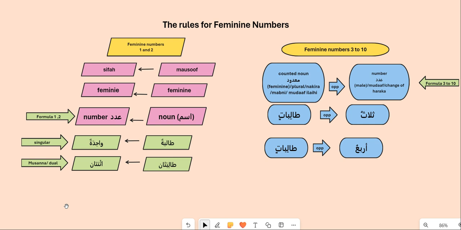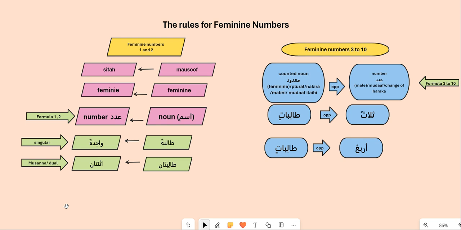But in that lesson, the numbers that we learned in lesson number 19 were only for the males. And how do you know that these numbers are for males? When you check the ma'dud. Ma'dud means the counted nouns. If it's a male, know that you are doing the male numbers.